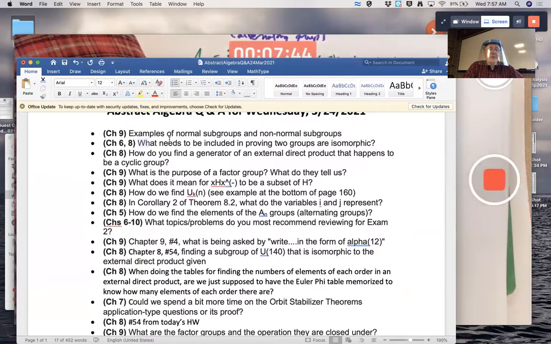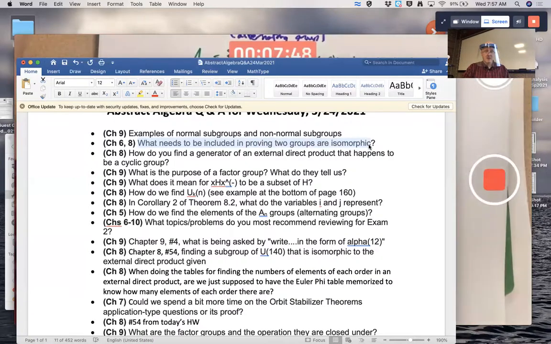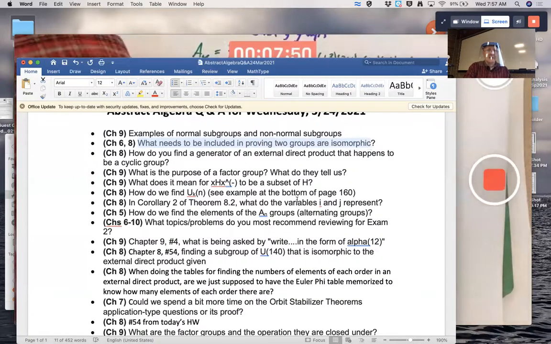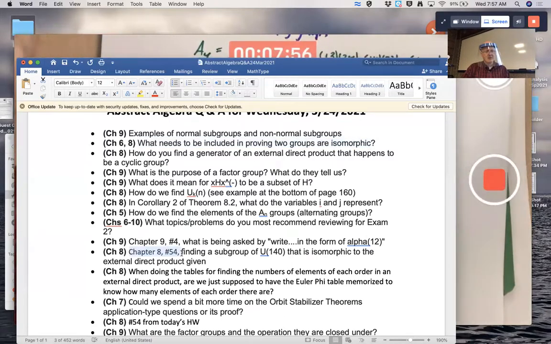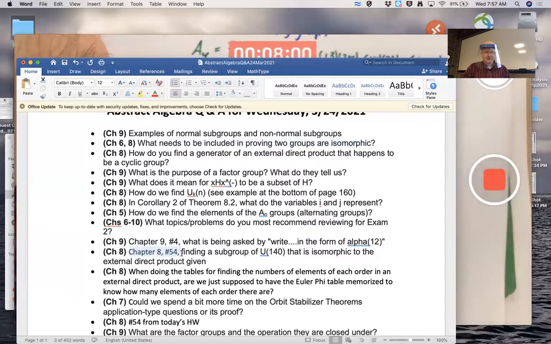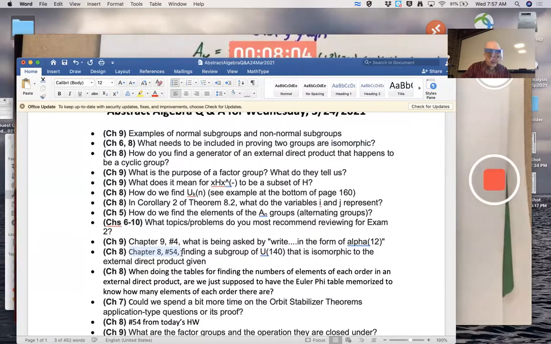So let's look at this one first. And maybe we can look at it in the context of the homework problem for today, 54, which a couple of people asked about. I think in number 54, I wasn't asking for proof, though I was asking for reasons.